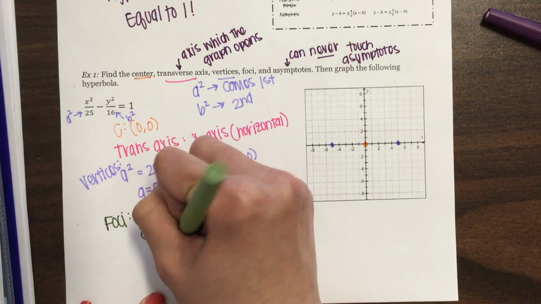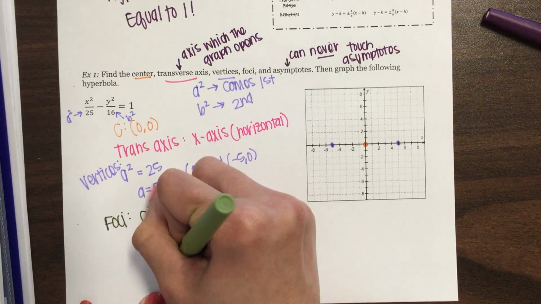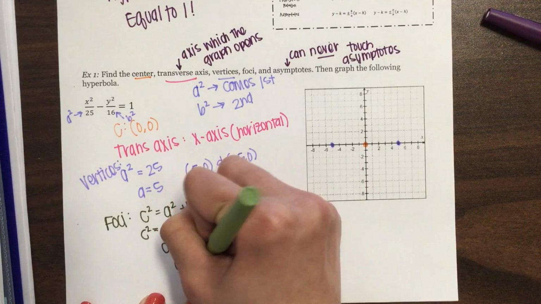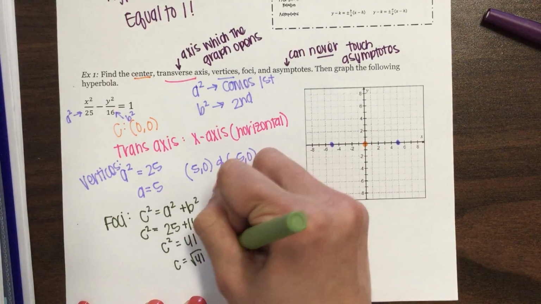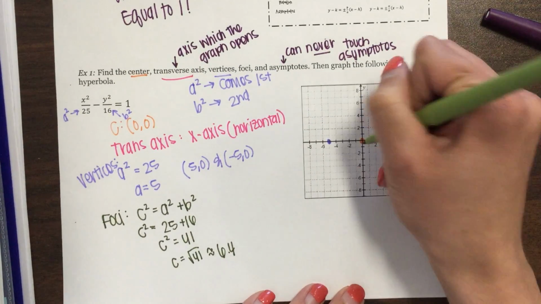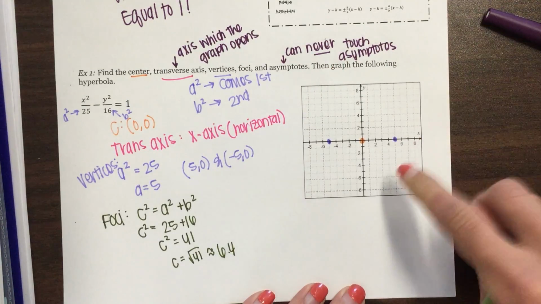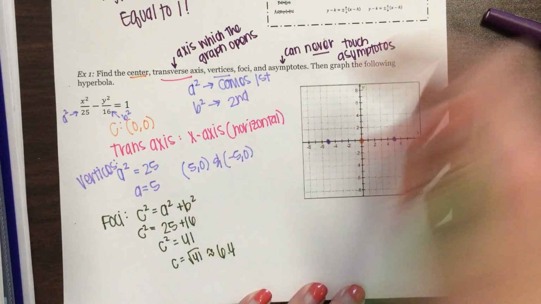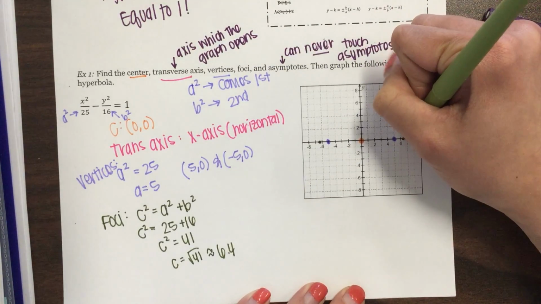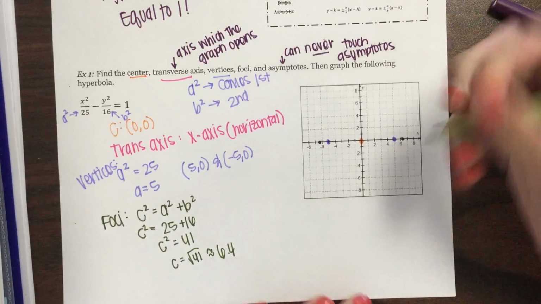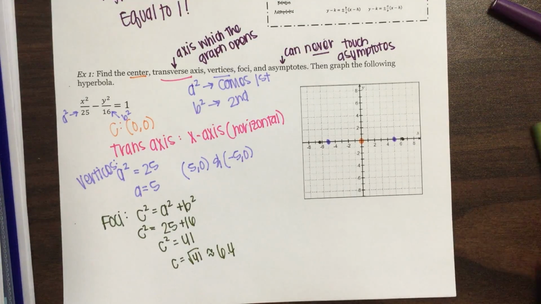So c squared equals 41, which means c equals the square root of 41, which is about 6.4. It's always in the direction of your transverse axis, so we go out 6.4 each way. There's my foci.